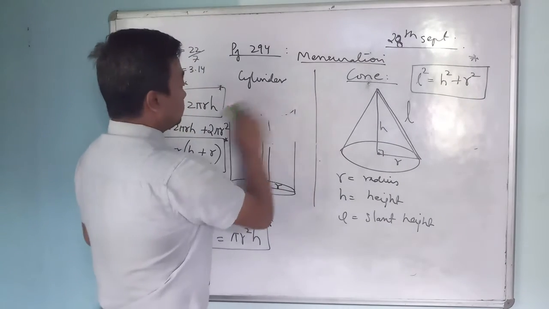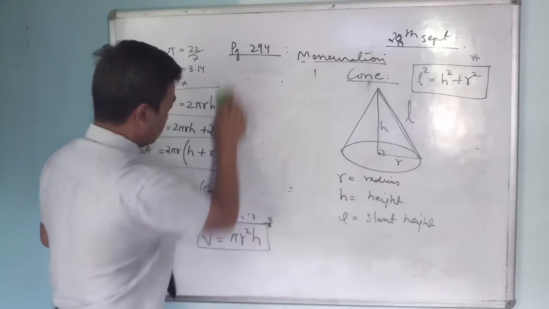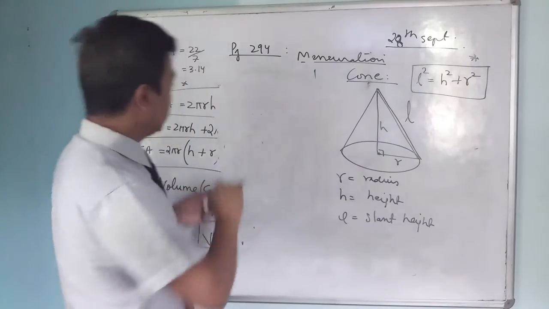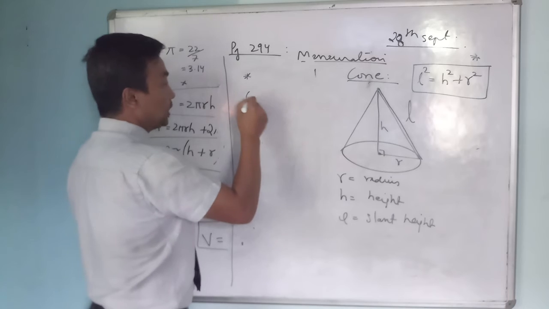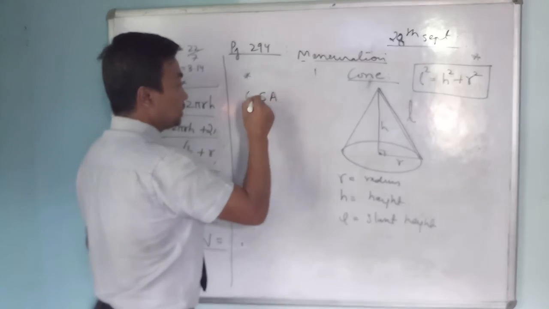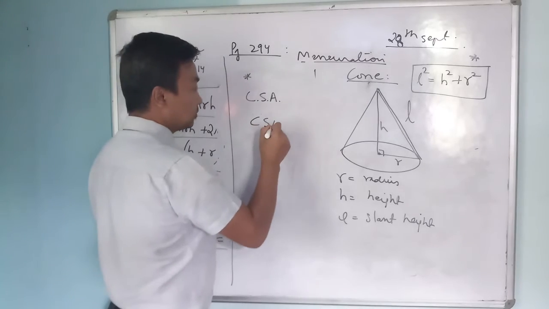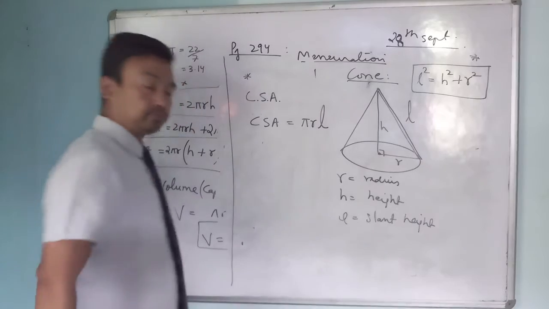Okay, let me rub the cylinder here. We will be only focusing on the cone here. So this is for the cone. So we have got curved surface area. I am writing in short form. The curved surface area of a cone is given as pi RL.